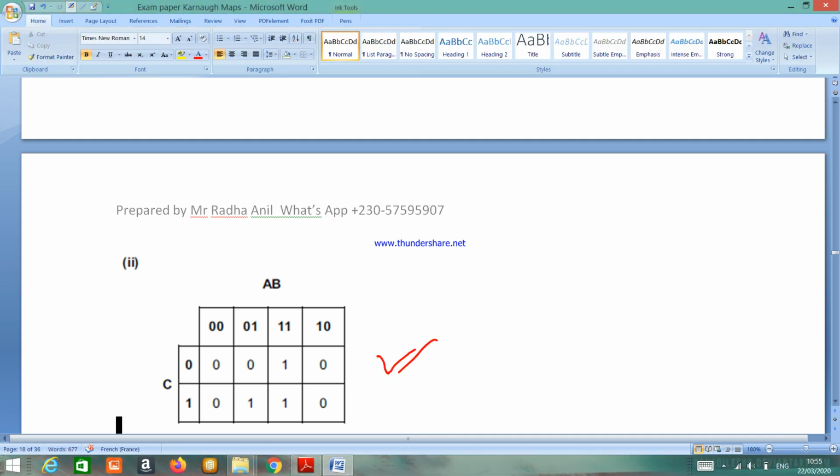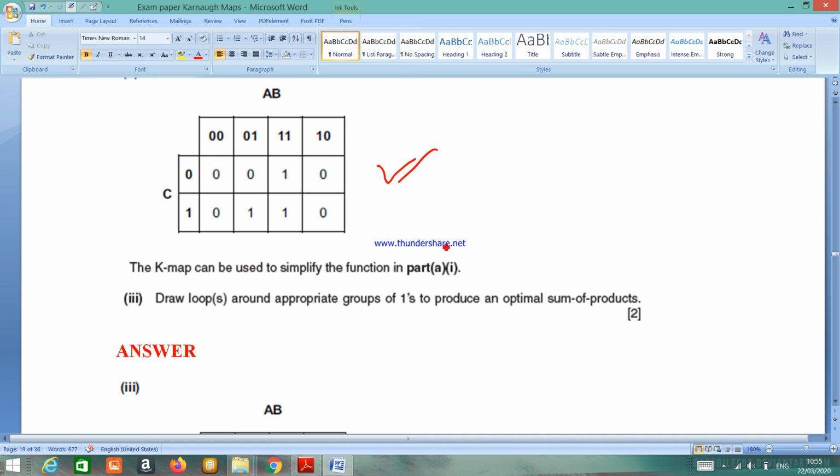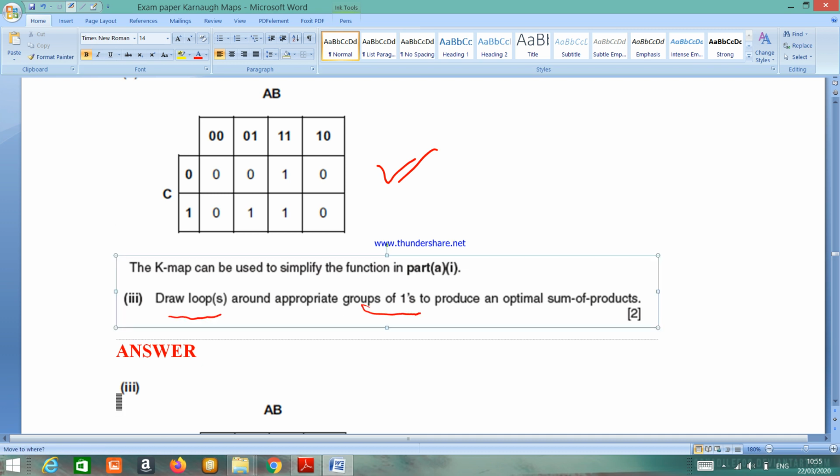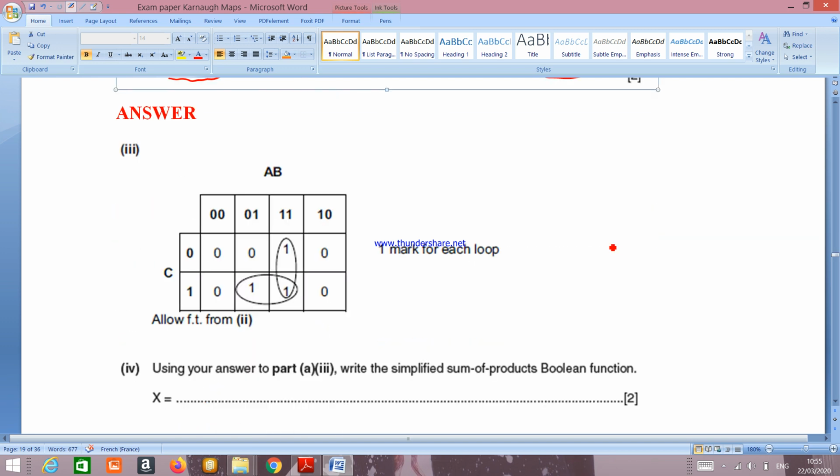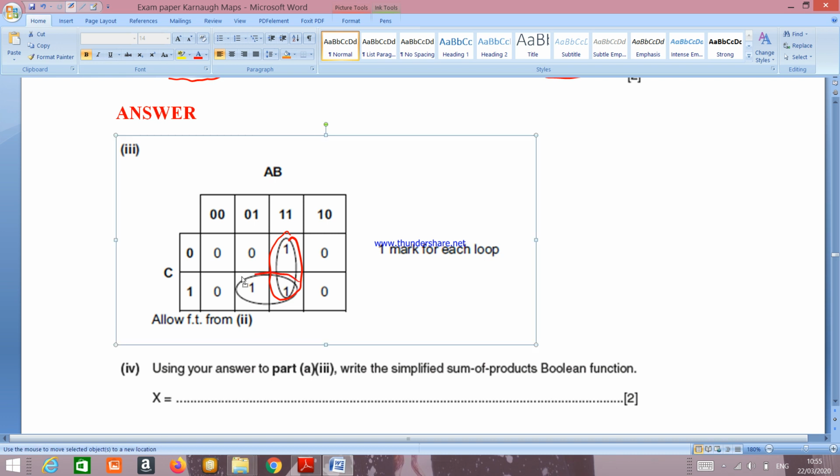Now let's look at the next question. We have to draw loops around the groups of 1 to produce an optimal sum of products. As you can see, we can group these 2 elements as one group and these 2 elements as another group. So we have 2 groups, and we cannot form a group of 3.